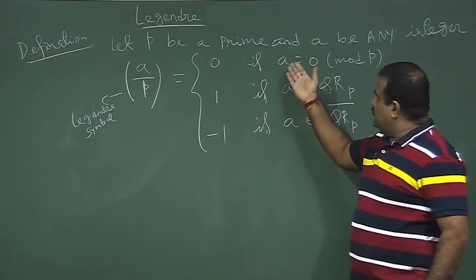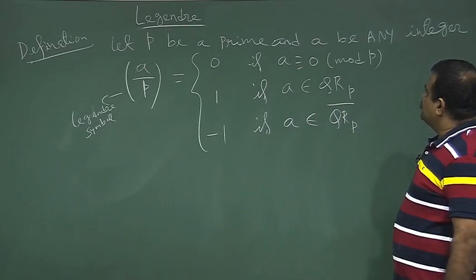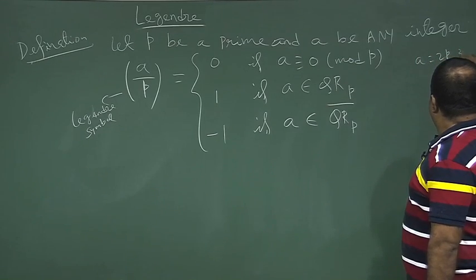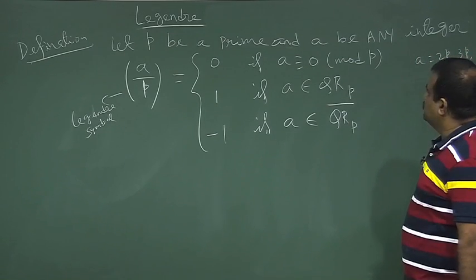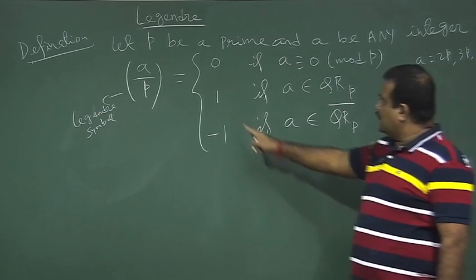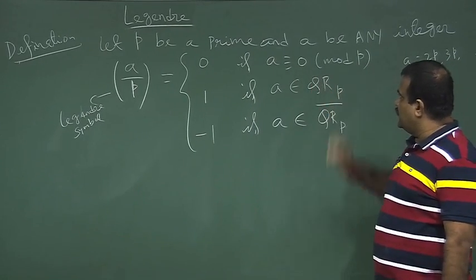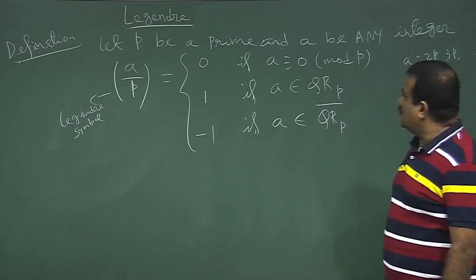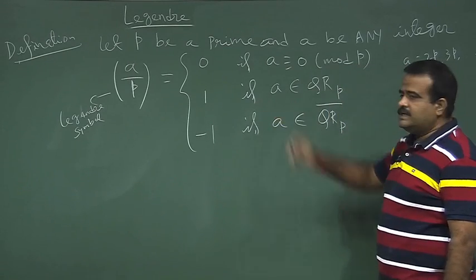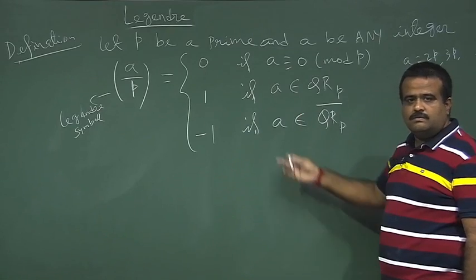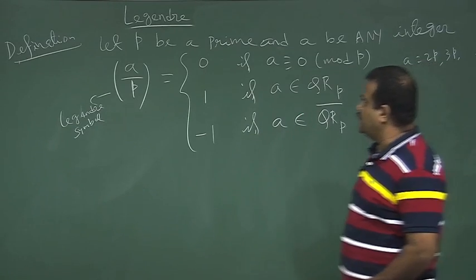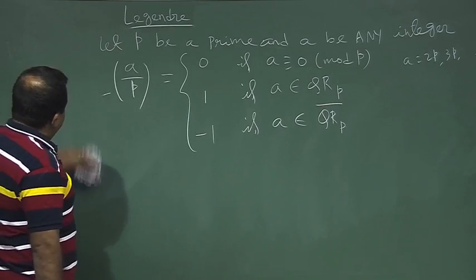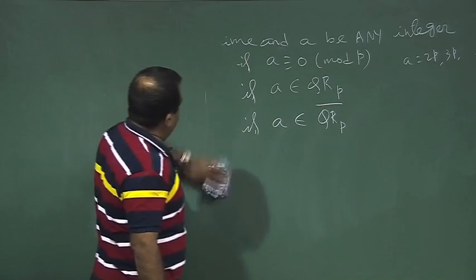So, it is 0 if a divides p, say if a is equal to 2p or 3p like this. Otherwise, if a does not divide p, then it is 1 if it is a quadratic residue mod p, and it is −1 if it is a quadratic non residue. Now, we will talk about some results based on the Legendre symbol, or you can say theorems.